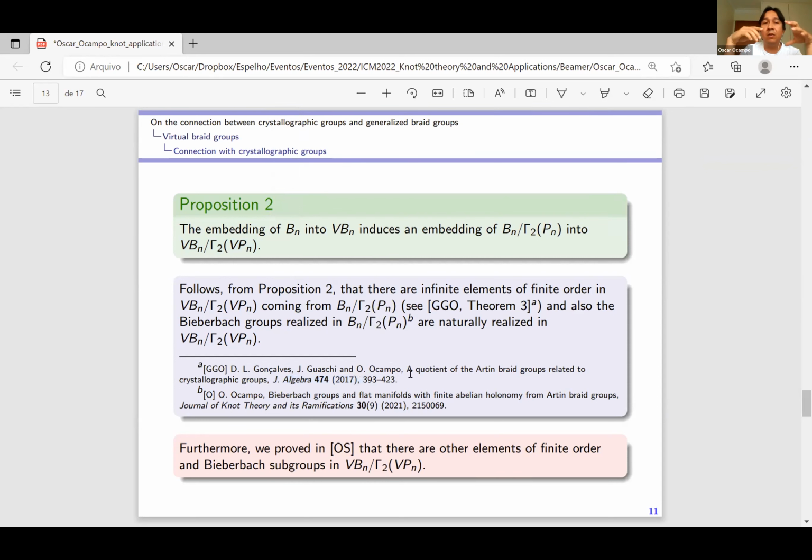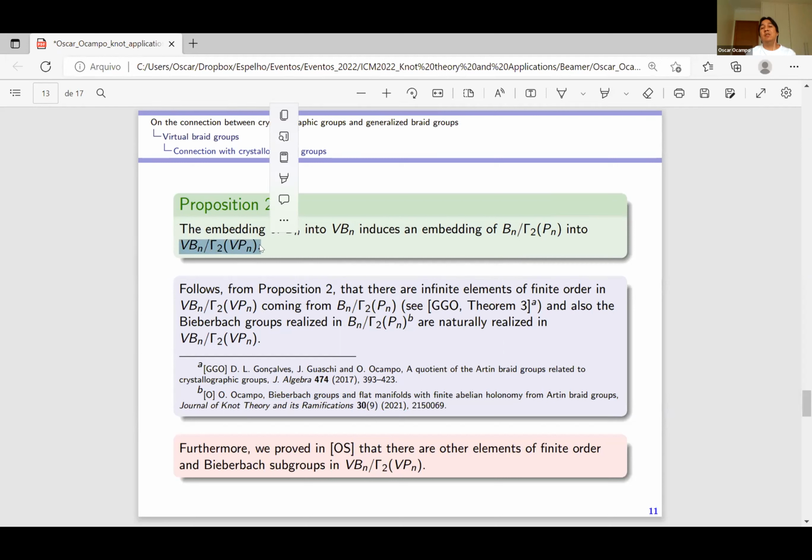So we characterize all finite order elements inside the quotient of the classical Artin braid group. Okay. And in this other paper, it was possible to realize families of Bieberbach groups with holonomy a finite group which is abelian. Okay, so we have a lot of Bieberbach groups, a lot of finite order elements inside the quotient of the virtual braid group mod the commutator subgroup of the virtual pure braid group.